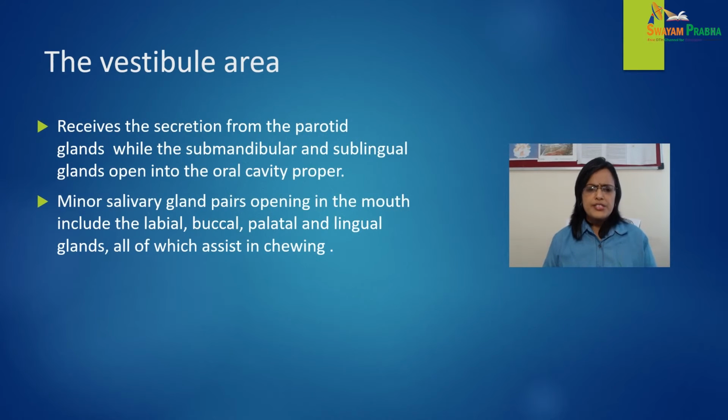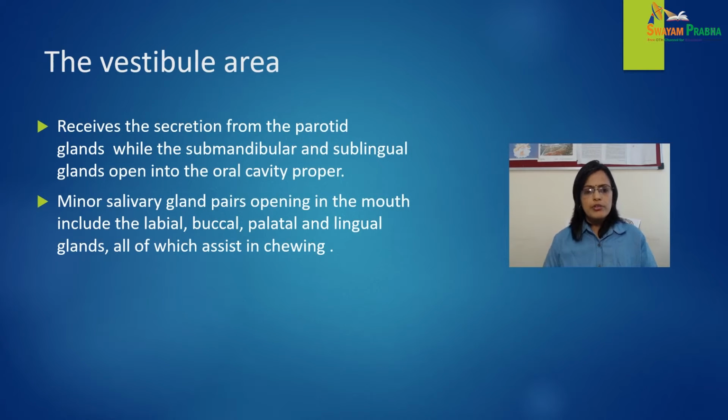The vestibular area receives the secretion from the parotid glands, while the submandibular and sublingual glands open into the oral cavity proper. The minor salivary gland pairs opening in the mouth include the labial, buccal, palatal and lingual glands, all of which assist in chewing.